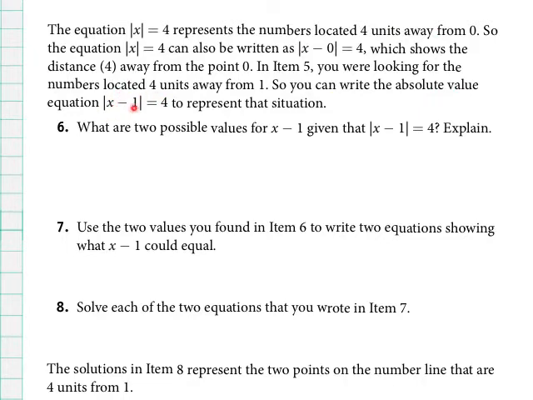So this could be x minus 1, it could be x squared, it could be x plus 5, it could be 3x minus 2. I don't care what is inside that absolute value. All I care about is that whatever is inside of here is this many units away from 0. So x minus 1 has to be 4 units away from 0.